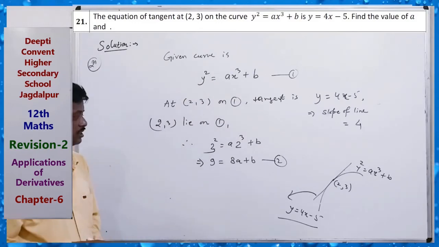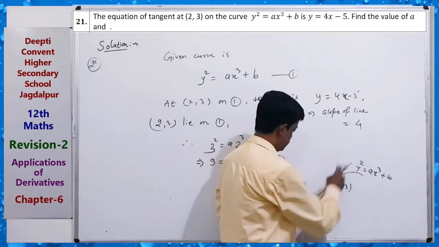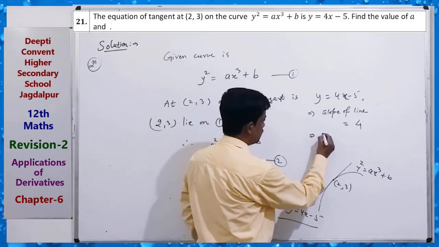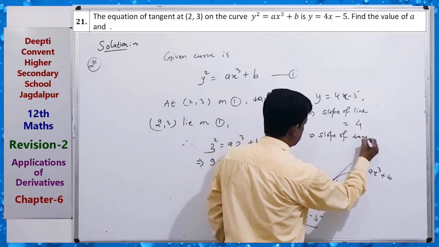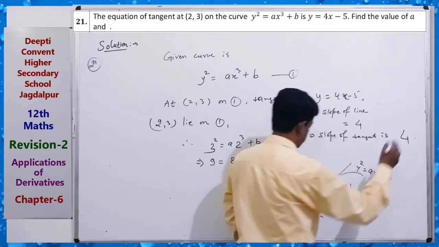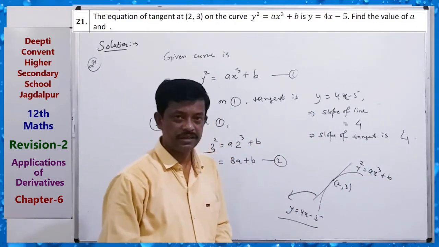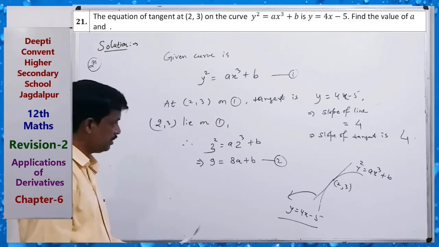Now the slope of the line is 4, which implies the slope of the tangent is also 4, because this is the tangent. Now we have to find the values of a and b.